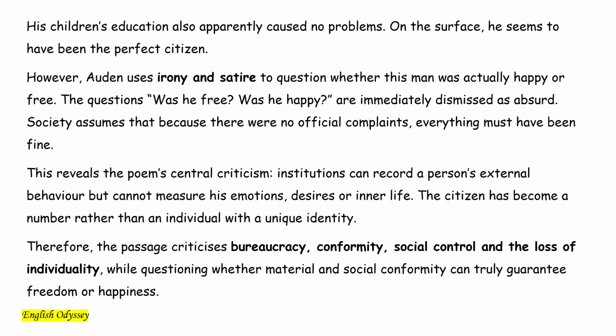But Auden uses irony and satire to question whether this man was actually free or happy. His entire life has been reduced to statistics and official reports, while his personal feelings remain unknown. The passage therefore criticizes bureaucracy, conformity, and the loss of individuality.